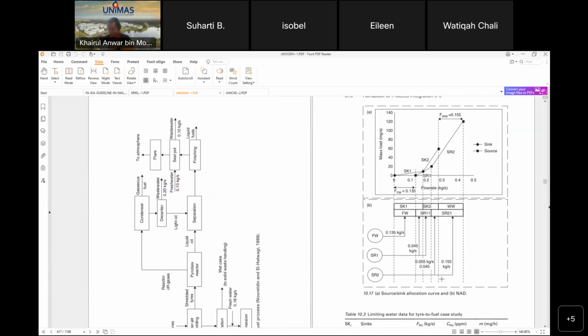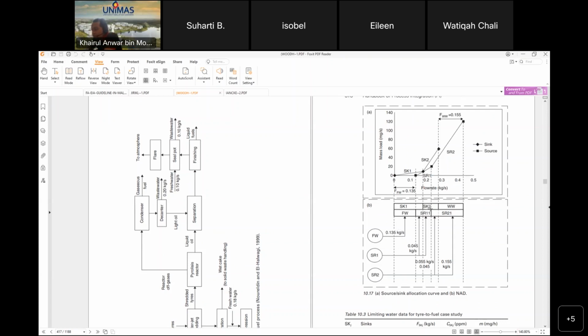NAD stands for network allocation diagram. So SK1 is fresh water, 0.135 kilogram per second, fresh water.